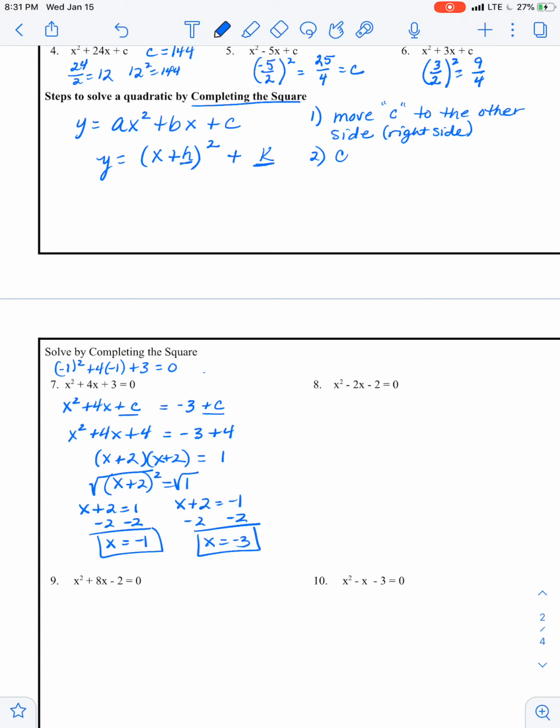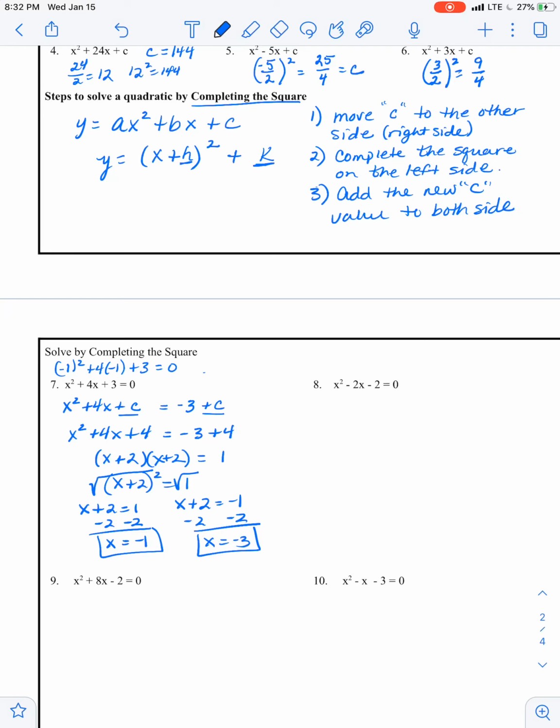Then step 2, we are going to complete the square on the left side. Step 3, we're going to add the new C value to both sides.